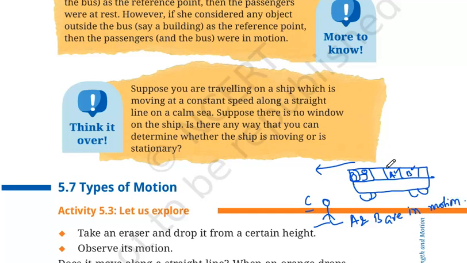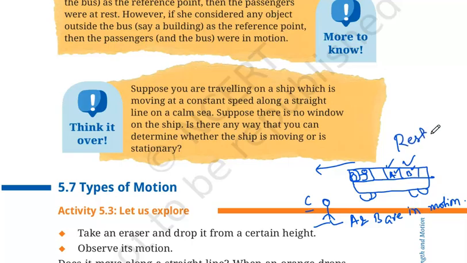Whereas if you ask A or B about each other, they will look at each other and see that they both are not changing their position with respect to their immediate surroundings, and therefore they both are at rest.